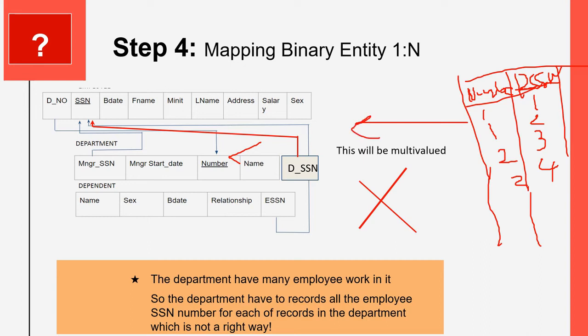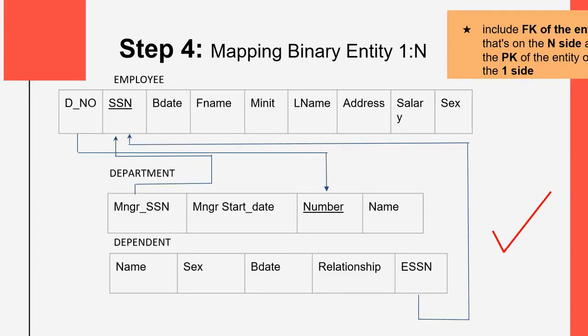That's why we don't use this; it is not the right way to do the records. So we put the department number at the employee to simplify the record and not have too much redundancy.